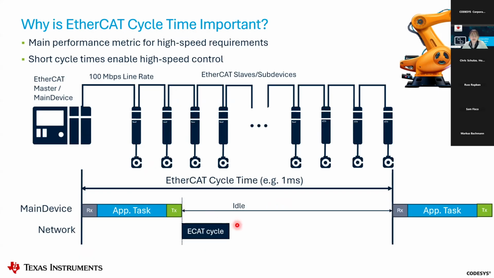Additionally, there's time needed for the EtherCAT packet to actually travel through the various sub-device nodes. And not shown in this diagram is additional timing likely due to DMA channel processing, whether on the main device or sub-device sides.